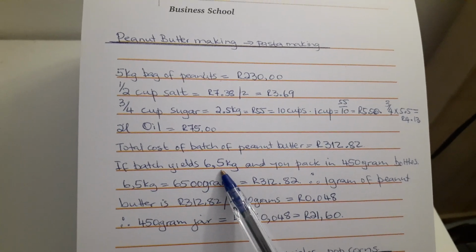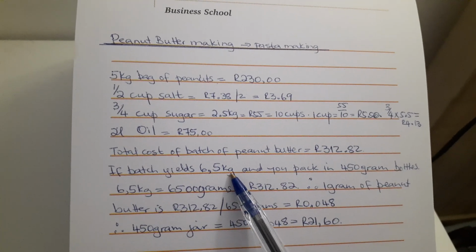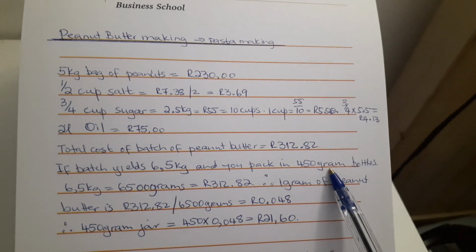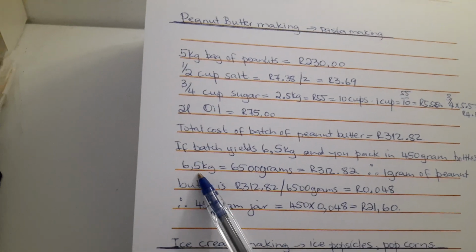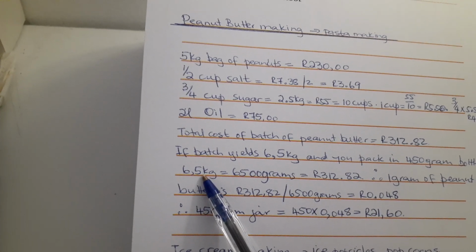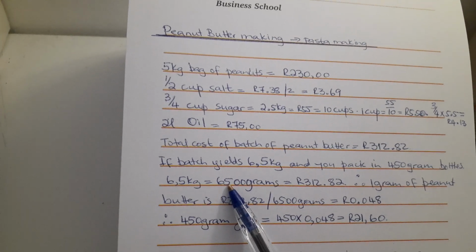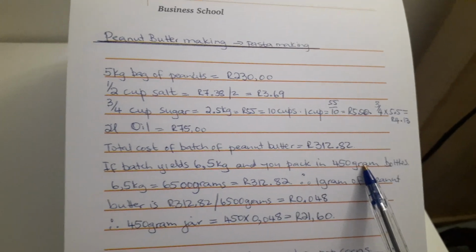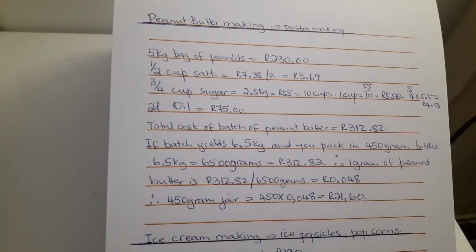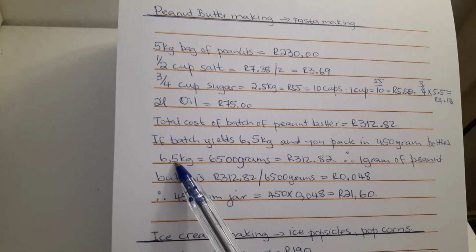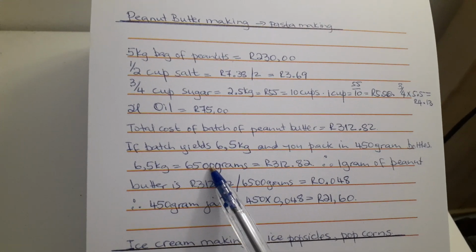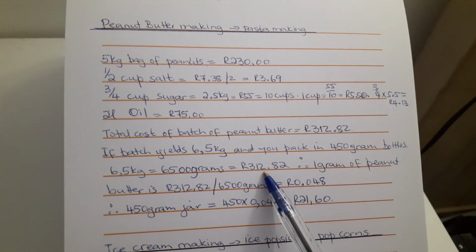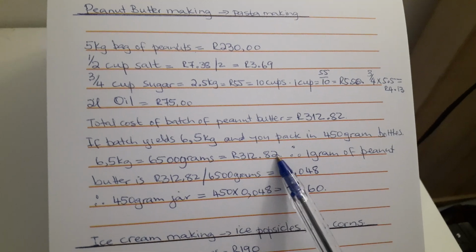And if the batch gives us 6.5 kgs of peanut butter, and we want to pack them in 450 gram bottles, we convert to grams, because remember we're going to pack them in 450 gram bottles. So 6.5 kg is 6,500 grams, and 6,500 grams costs us 312 and 82 cents.